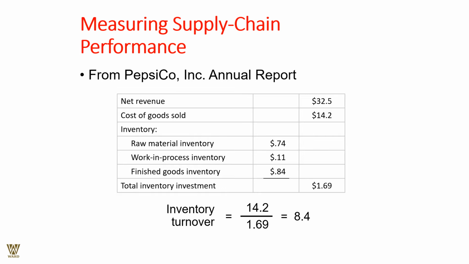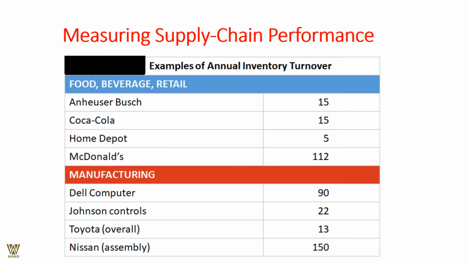In totality, it adds up to $1.69. So what does it mean? Inventory turnover is cost of goods sold, 14.2, divided by total inventory investment, approximately $1.69. So that becomes 8.4 times.